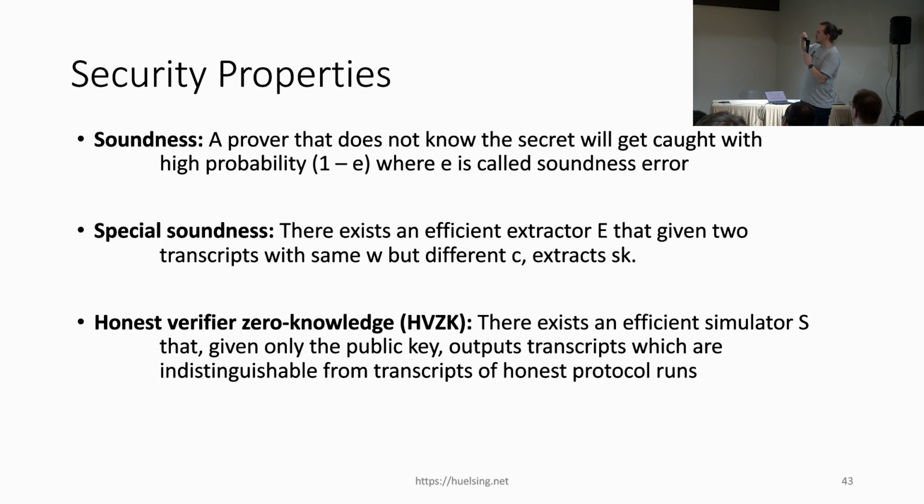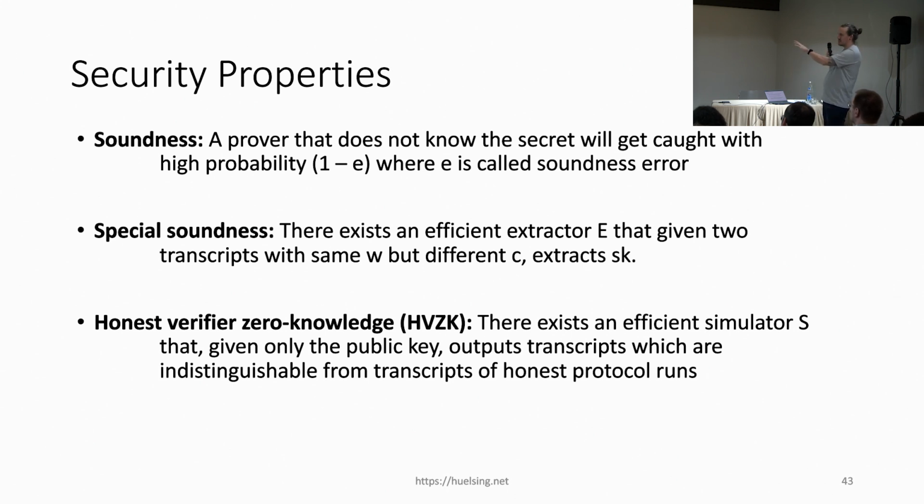And this says that there exists an algorithm that we call the extractor, which when you give it 2 transcripts of the scheme, such that the challenges in the transcripts differ, but the commitment is the same, you can actually learn the secret.